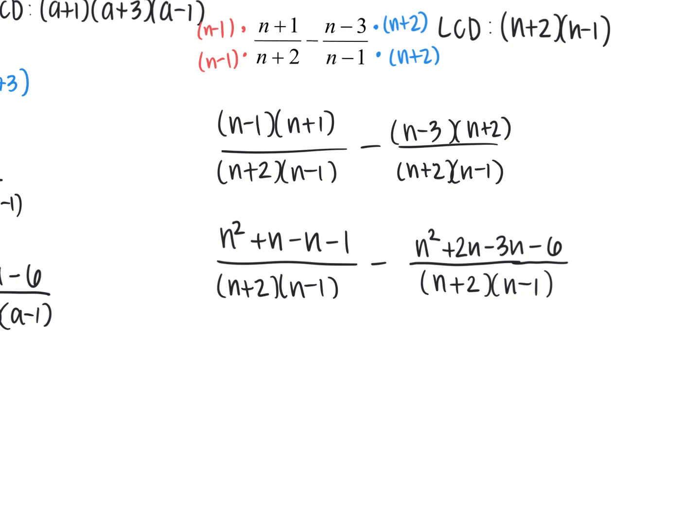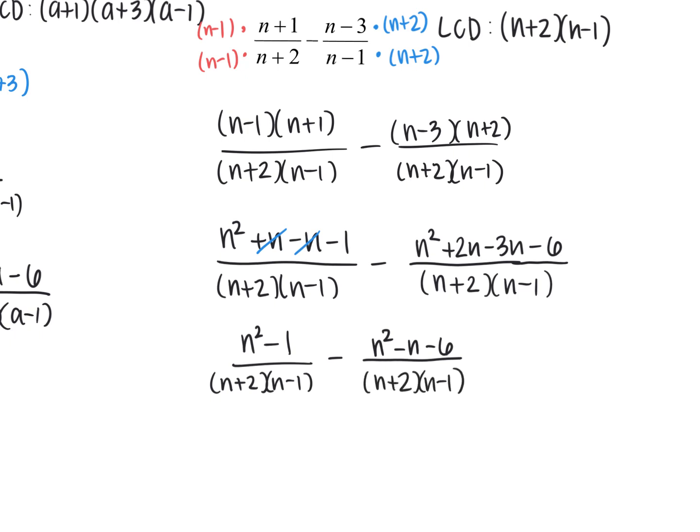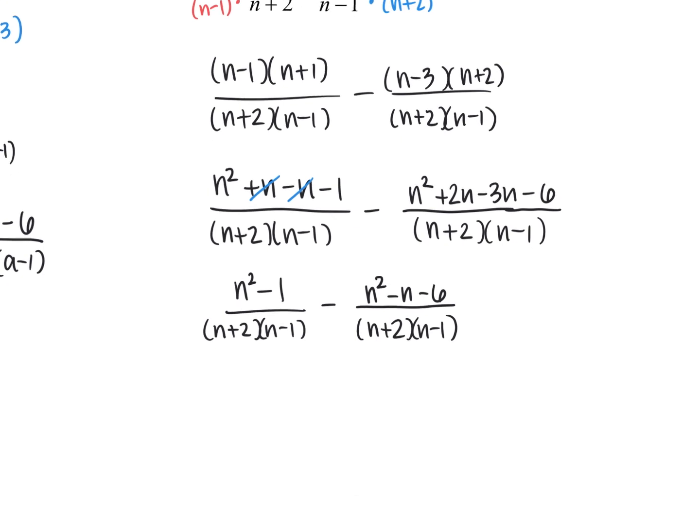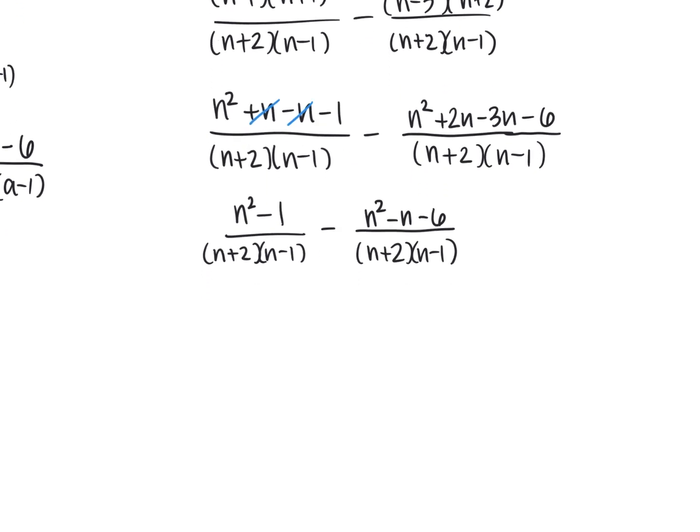So here's the nice thing. In my first fraction, the plus n and the minus n are going to cancel. So I'm just left with n squared minus 1 over n plus 2 times n minus 1. And then minus, I'm going to have n squared minus n minus 6 over n plus 2 times n minus 1. So when I combine like terms here, I have n squared minus n squared, so they're going to cancel.